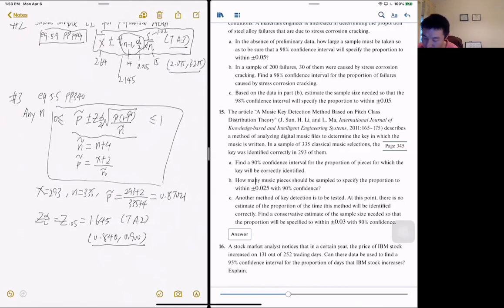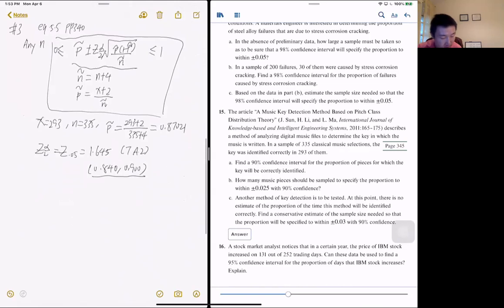is asking how many music pieces should be sampled to specify the proportion to within plus minus 0.025 with 90% confidence. So this is calculated backwards. Again, we use the same equation here. So let's define n as the sample size, right?